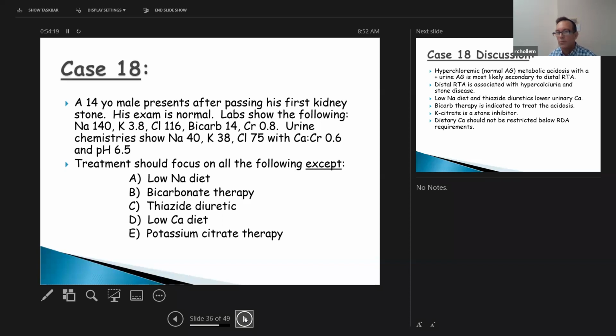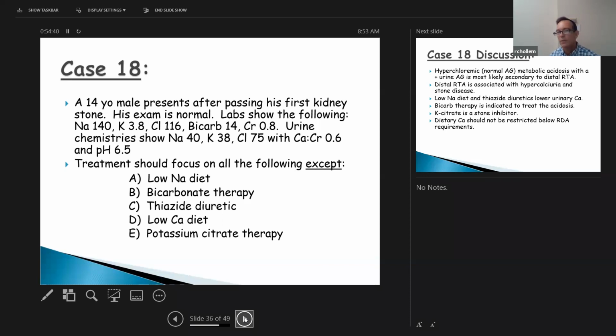Remember, calcium creatinine ratio, like protein creatinine ratio, 0.2 is the upper limit of normal. So treatment should focus on all of the following except: A, low sodium diet; B, bicarbonate therapy; C, thiazide diuretic; D, low calcium diet; and E, potassium citrate therapy.